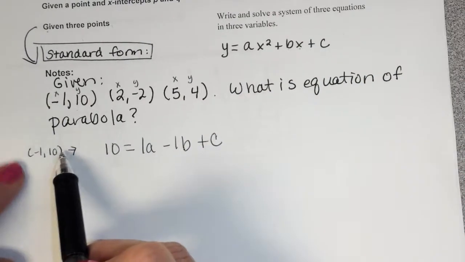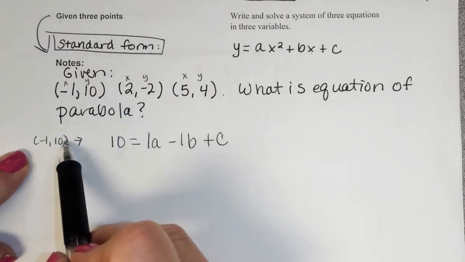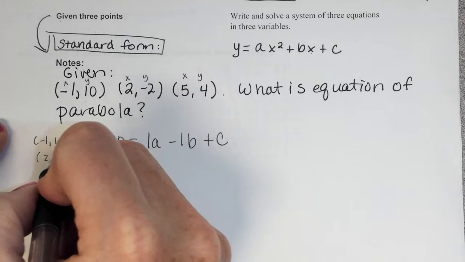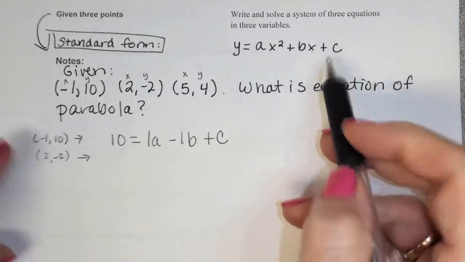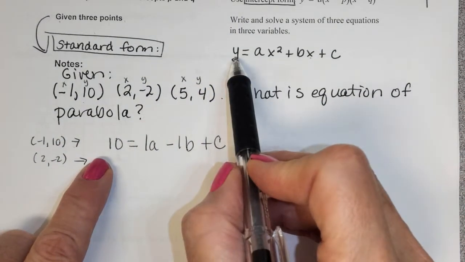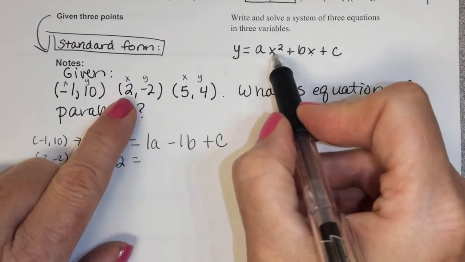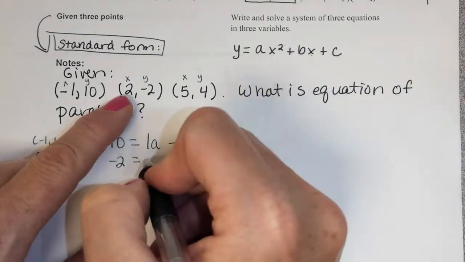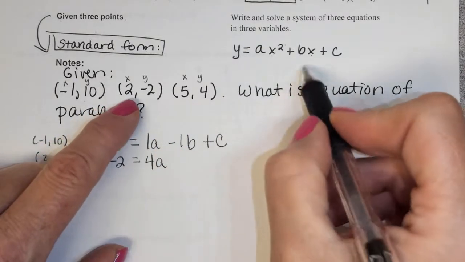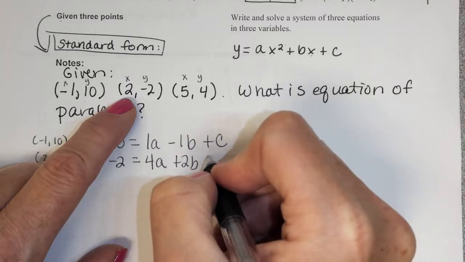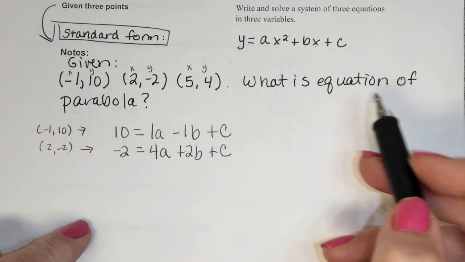That's the equation I would get if I used the point -1, 10. Then I'd have to use this point, 2, -2. What would I get then? Plug in for y, y is -2. Plug in for x, 2 squared is 4a. Plug in for x, 2b. And I don't know anything about C.